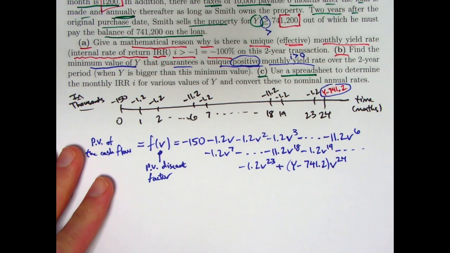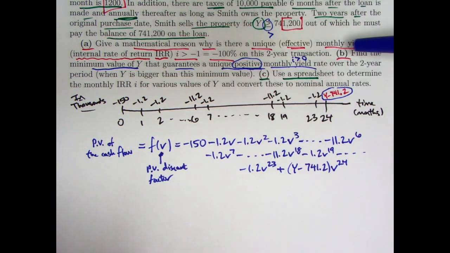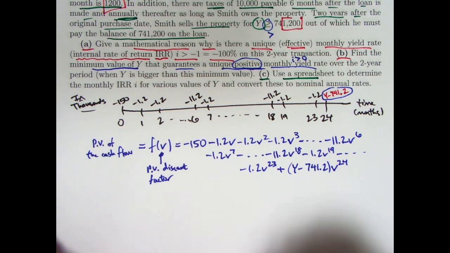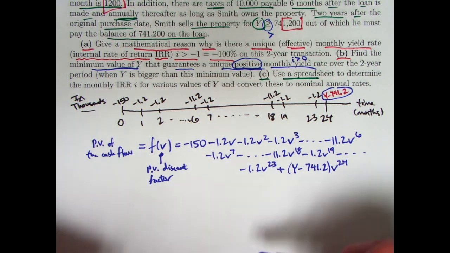What could be a mathematical reason based on this why the yield, the internal rate of return, is bigger than 1? Well, that would be equivalent to this present value function having a unique positive root.